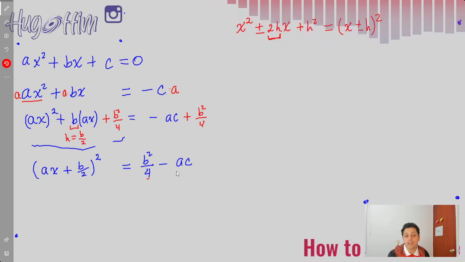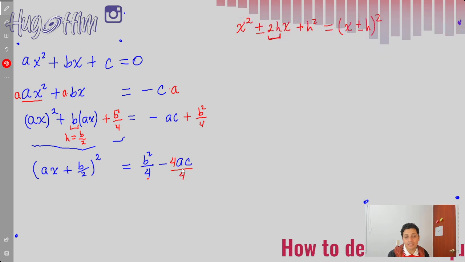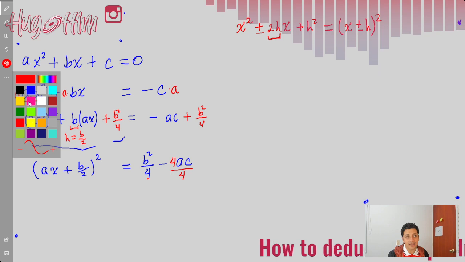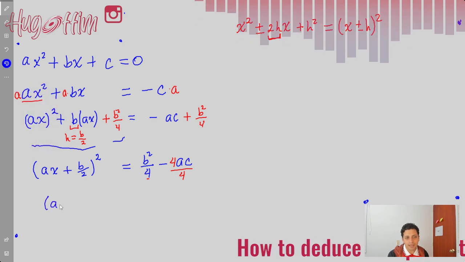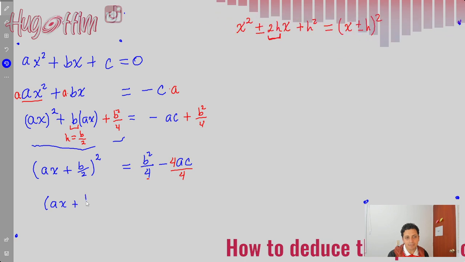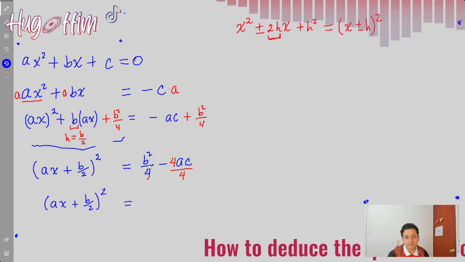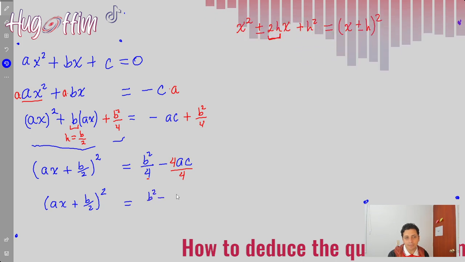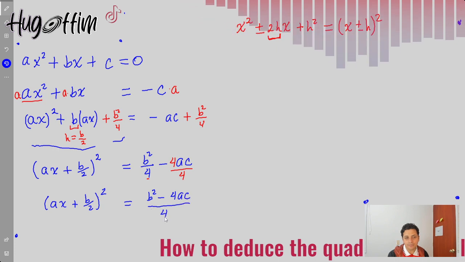In this case the denominator is 4, so I'm going to multiply and divide the term ac by 4, so I can have a common denominator and add them. So I get ax plus b halves squared equals b squared minus 4ac over 4.